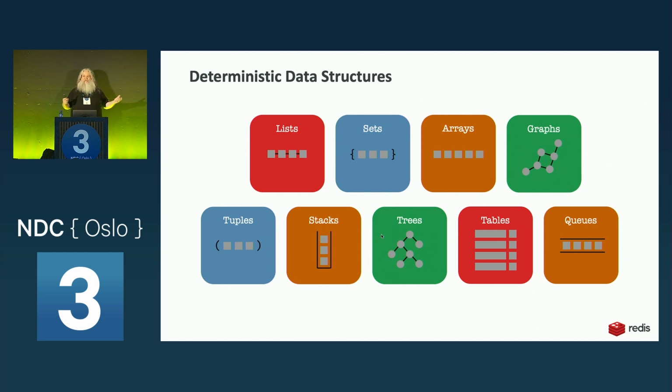These are the hash tables that you use, or well, I'm guessing most of the folks here are probably .NET, right? That'd be fair to say? NDC is a little .NET heavy. So these would be the dictionaries that you're using in C#. If you're a Java person, these would be the hash maps. These are the dictionaries and the lists and the sets, the data structures we use all the time. And the reason they're called deterministic data structures is because they do what you tell them to.